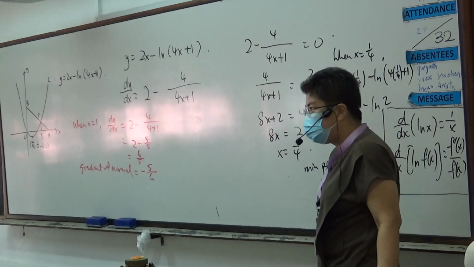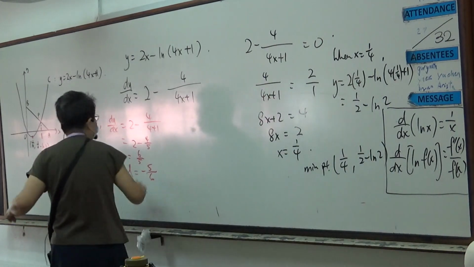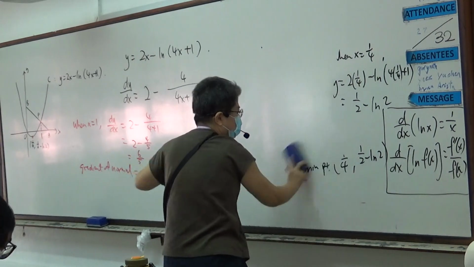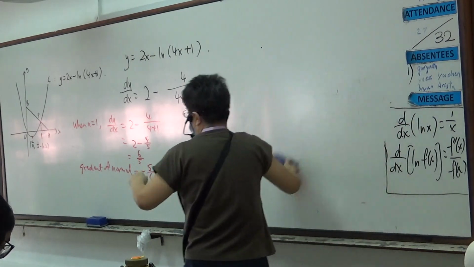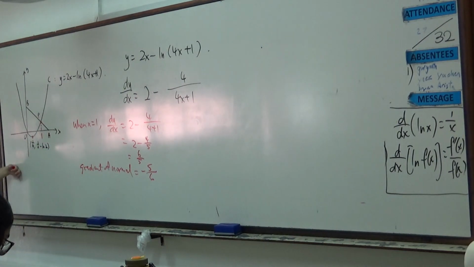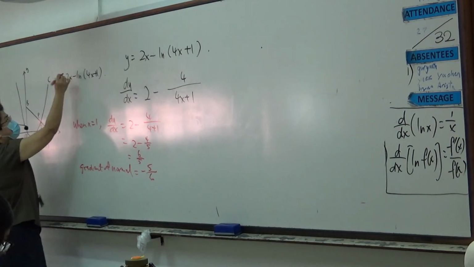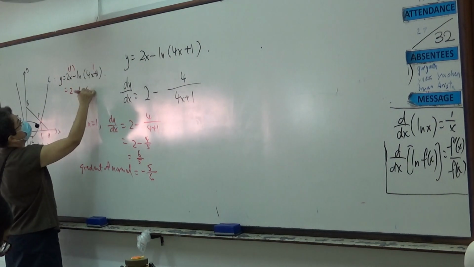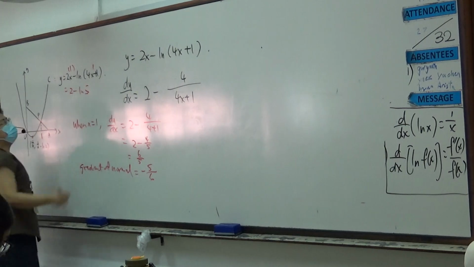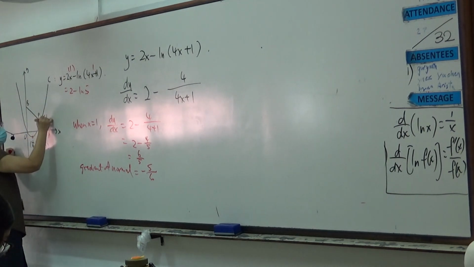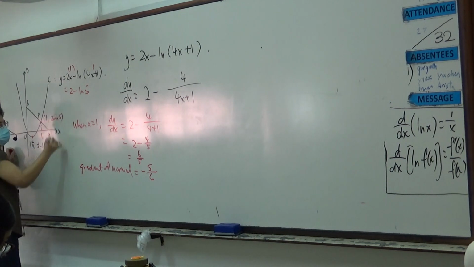Am I right? Okay, now I need to do something here first. At here, x is 1, right? So I will substitute in. So this is actually 2 minus ln 5, correct? The coordinates of P is actually (1, 2 minus ln 5).